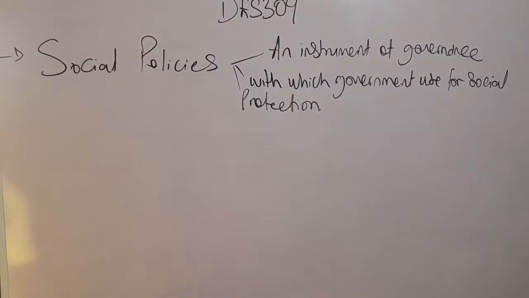Now, according to Spiker said in 1995, Spiker said that social policy is a tool for social development, and it is meant to address needs of social life. Okay, so let's take a step further.